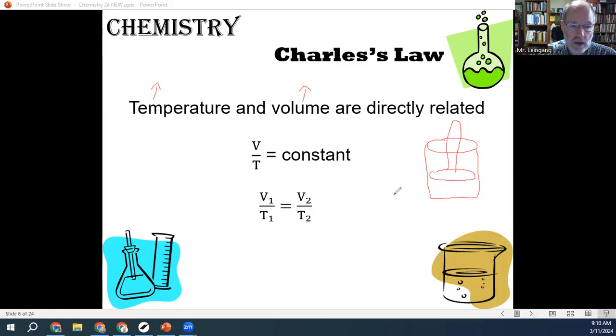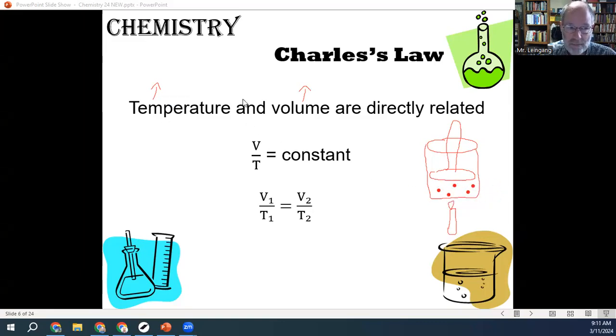Now inside we've got our particles of gas, 1, 2, 3, 4, 5. What would happen if you heat up the gas, put a Bunsen burner underneath, that's supposed to be a flame? What happens? Well, what we find is that as we add heat, if we didn't change anything, we'd have a different scenario.